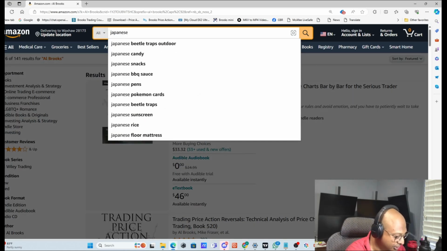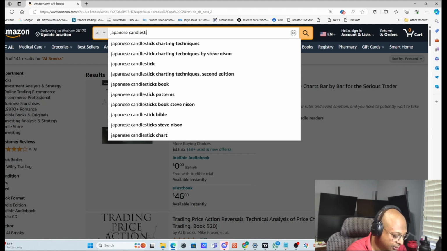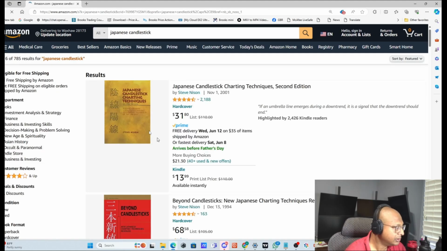Apart from that, one more book. This one, Japanese Candlestick Charting Techniques, second edition. This is another book. So what I do is I do not go by what is called a pin bar or a spinning top. I do not go by those.